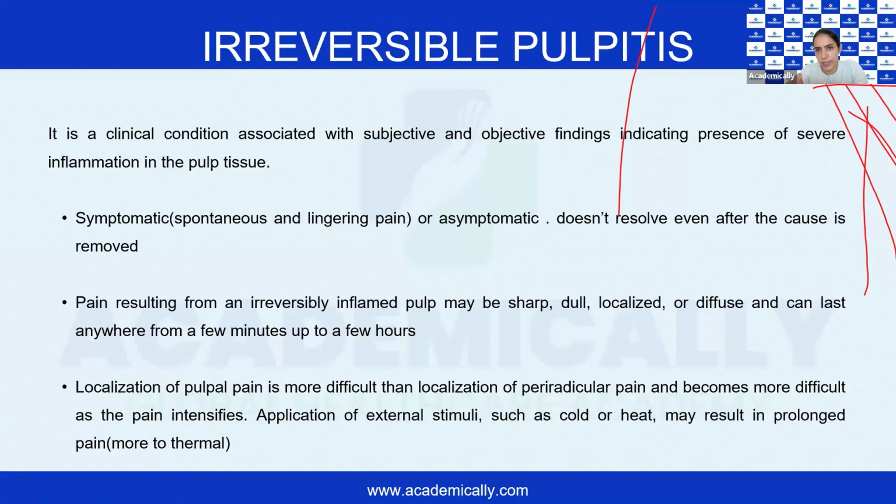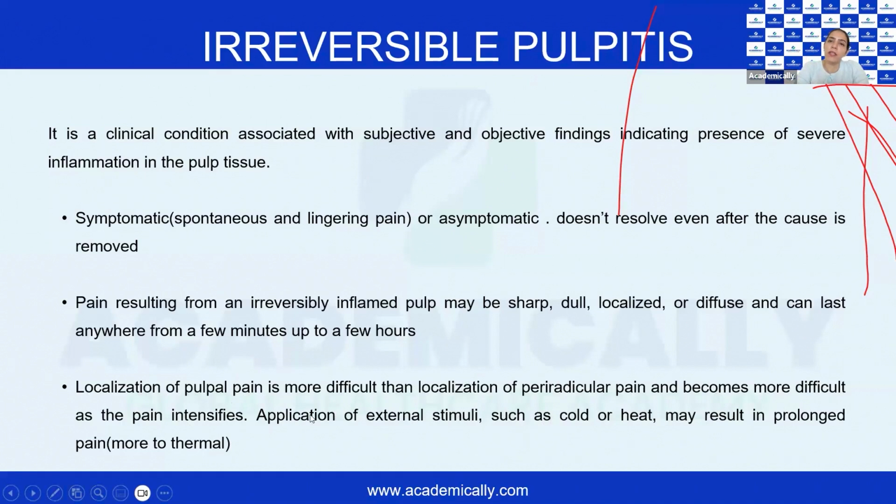Apical periodontitis has gone to the root apex, so the patient is able to localize it. The tooth would feel lifted, and when you do the tenderness on percussion test, it would react. Localization of pulpal pain is difficult. Localization of periradicular pain is comparatively easy, and becomes more difficult as the pain intensifies.